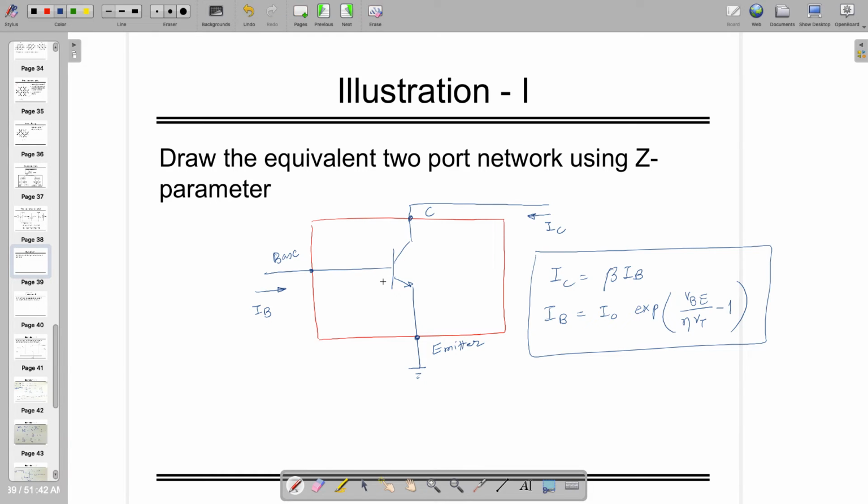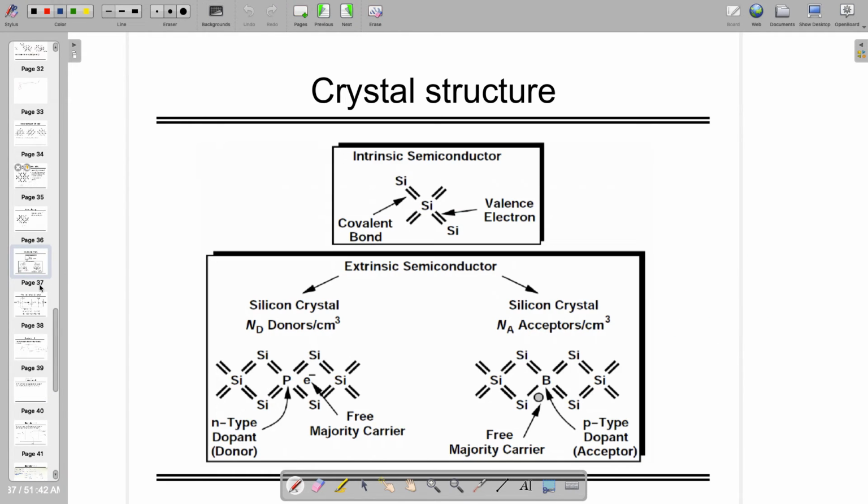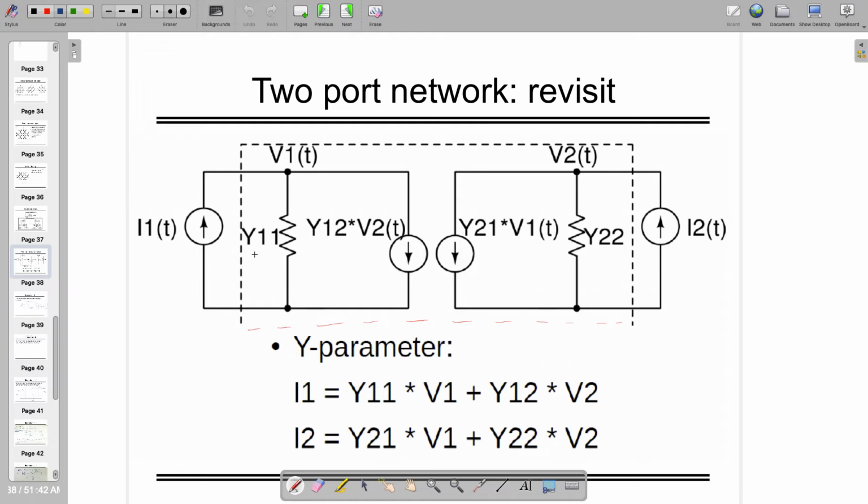And you have to replace this with a two-port network, which will look like this. This will become IB, this will become IC, this will become VBE, this will become VCE, right?